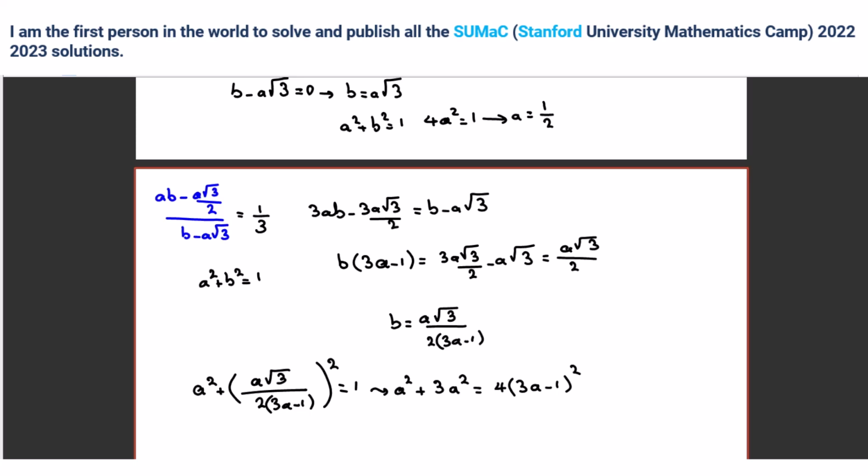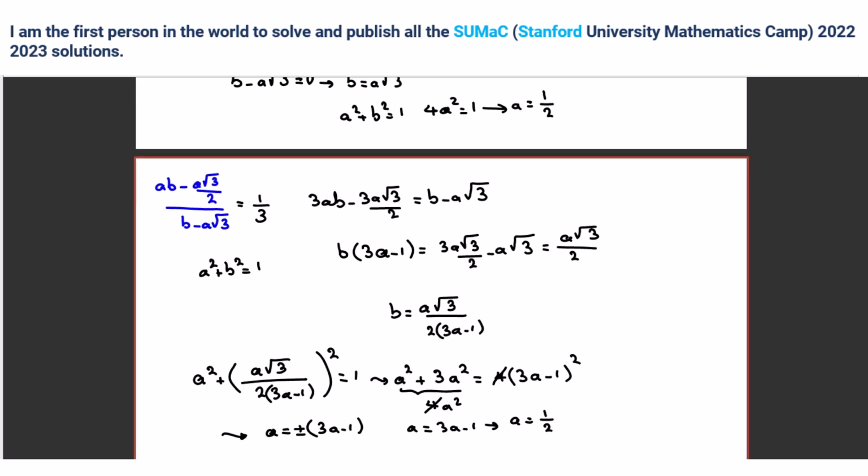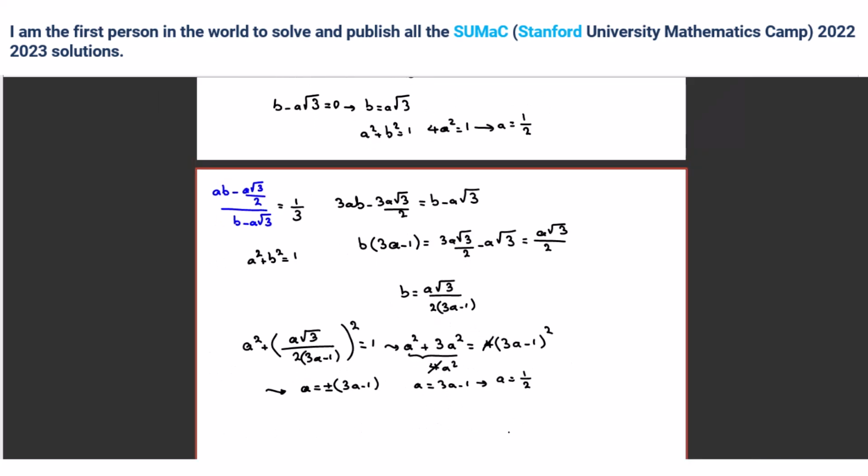Here also we can divide by 4a squared. Then a is equal to plus minus... Never mind.